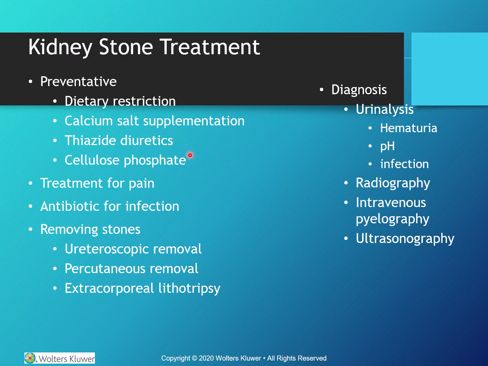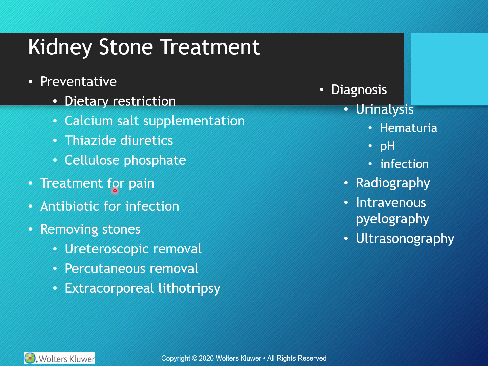If we have a patient who's heavily supplementing with calcium salts, we may recommend that they don't do that anymore, especially if they're taking calcium supplements. We might give these patients thiazide diuretics to increase some of the renal excretion of some of these components that might lead to stone formation. We can also use something called cellulose phosphate that can reduce the amount of stone formation.